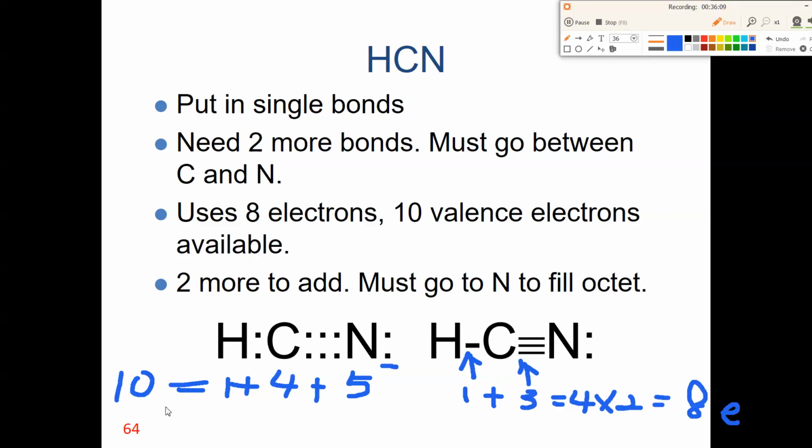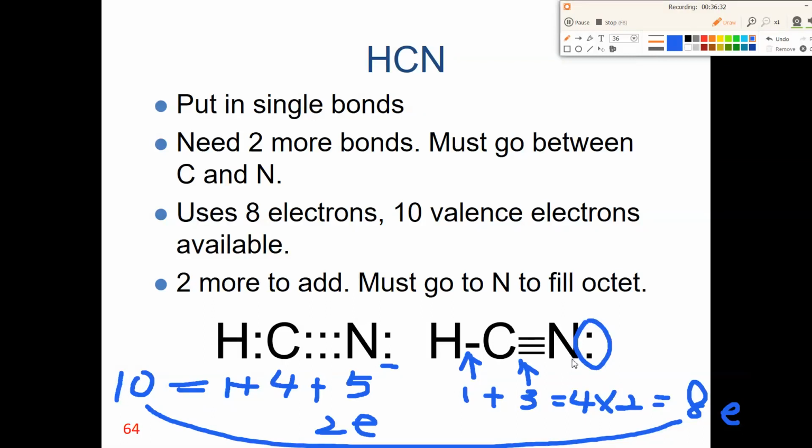I have 10 valence electrons, but we only put 8 around hydrogen, carbon, and nitrogen as shared bonds. The difference is 2 electrons. We need to put 2 electrons on the terminal atom first. Hydrogen, you cannot put an extra electron on. So put this lone pair on nitrogen. So last step, check octet.